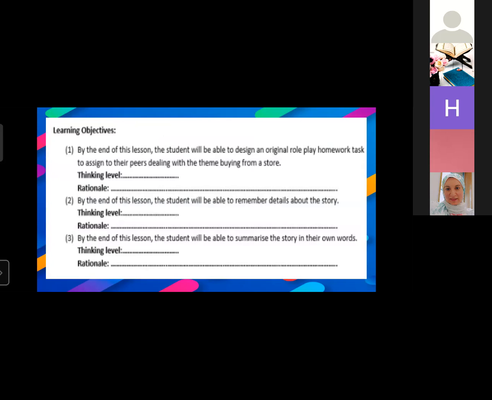So here there are three objectives. I'll give you two minutes to read silently and quickly, and after that we are going to discuss together. Are you ready to read the three objectives?